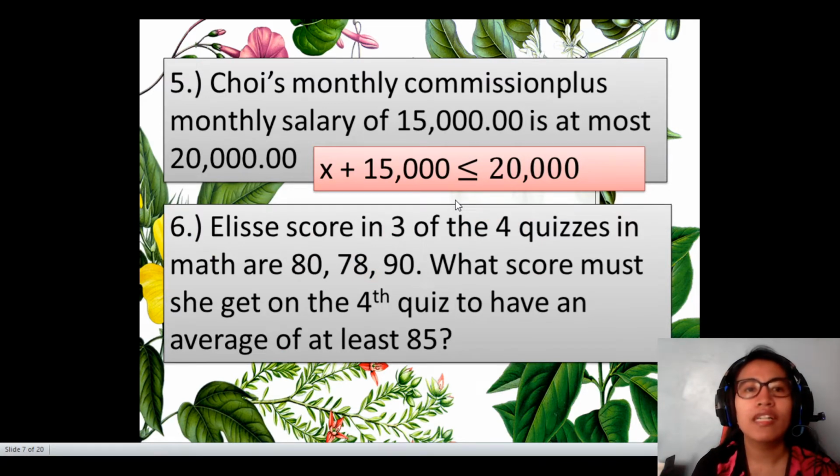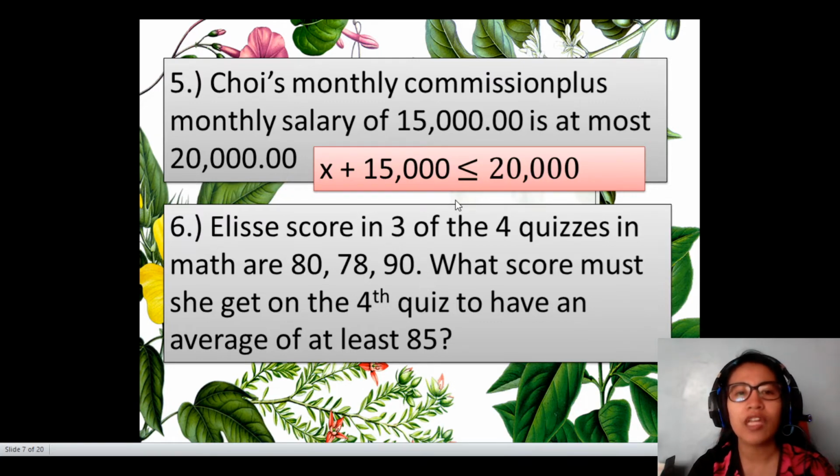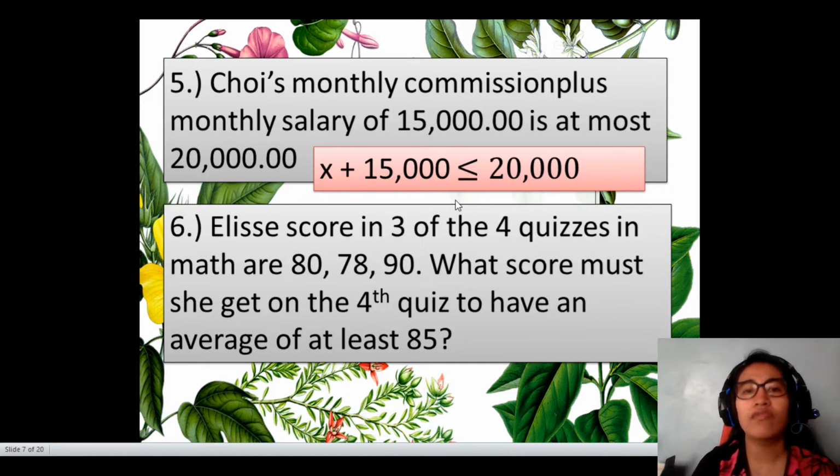And for our last example, Elise's scores in 3 of the 4 quizzes in math are 80, 78, 90. What score must she get on the 4th quiz to have an average of at least 85? Again, our at least is greater than or equal to. So it says there, what score on the 4th quiz? So our 4th quiz will now have the variable x.